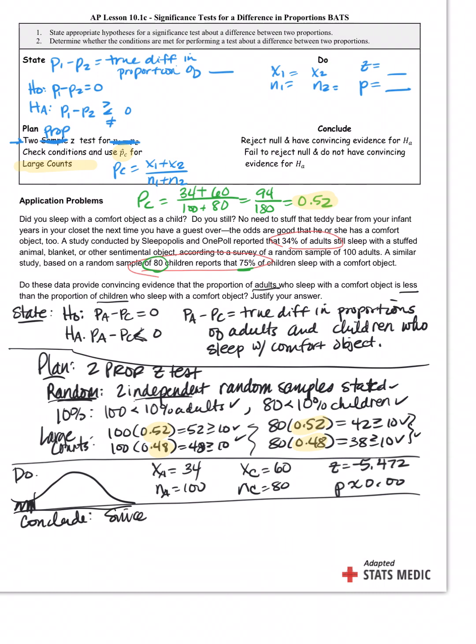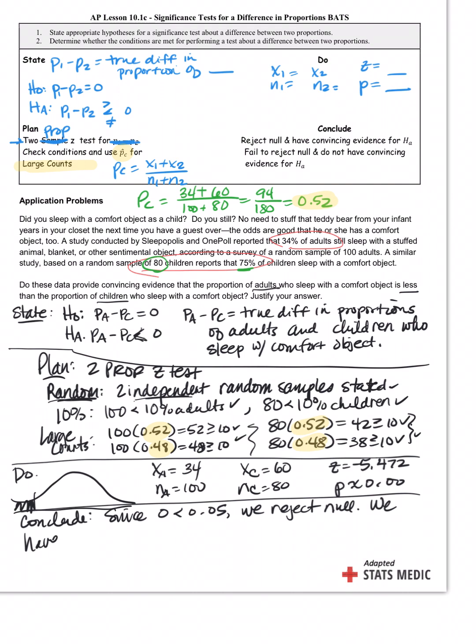Since 0 is less than 0.05, what are we going to do here? We reject the null. Do we have convincing evidence of the alternative? Yep.